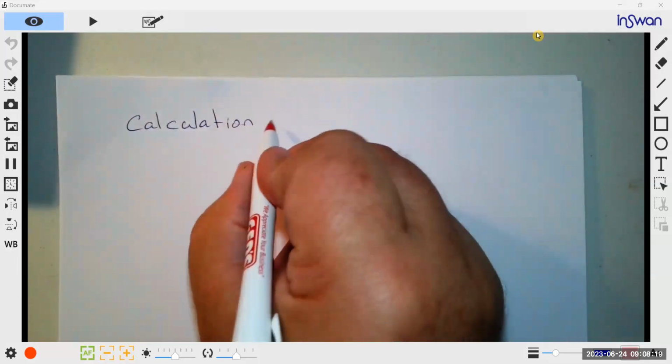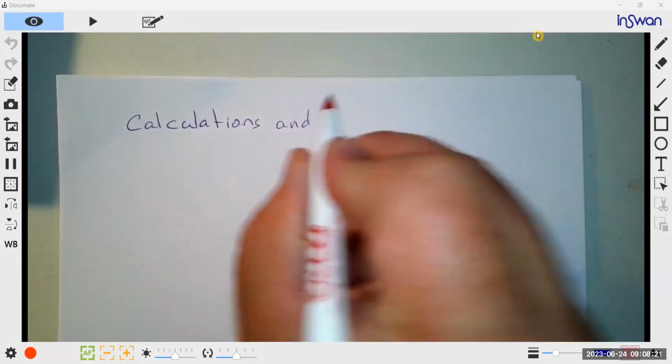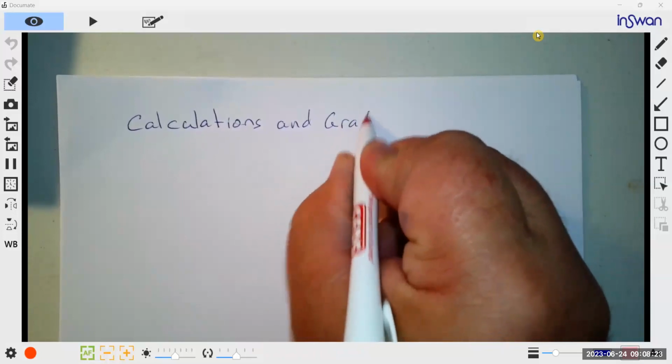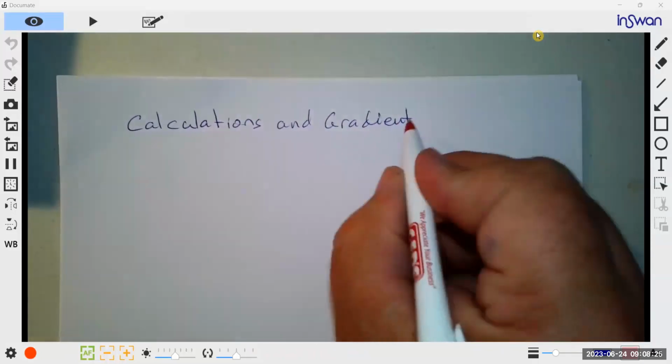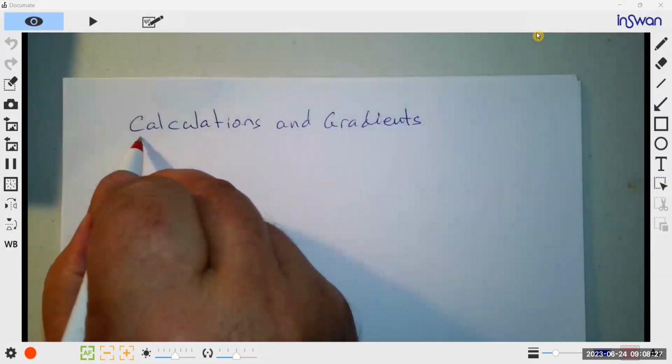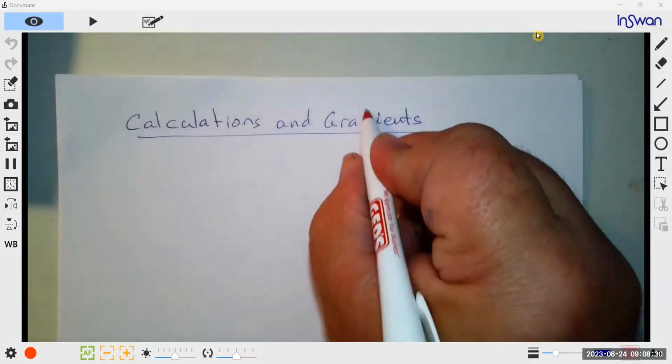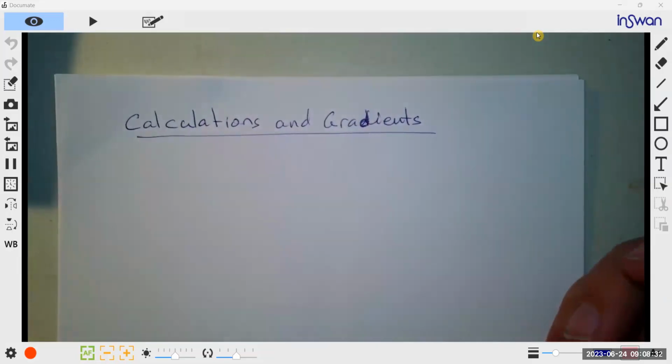Let's look at the calculations and the gradient.